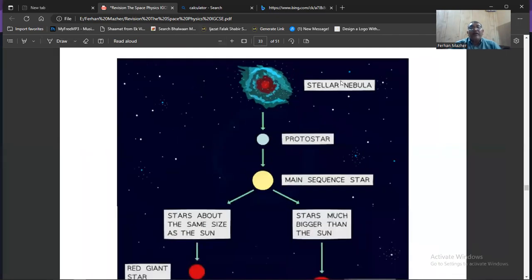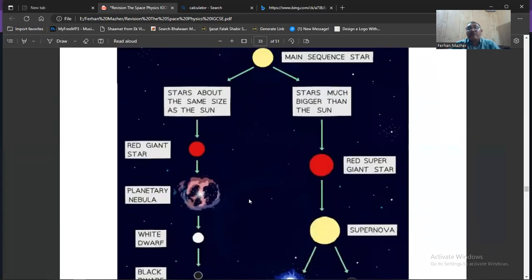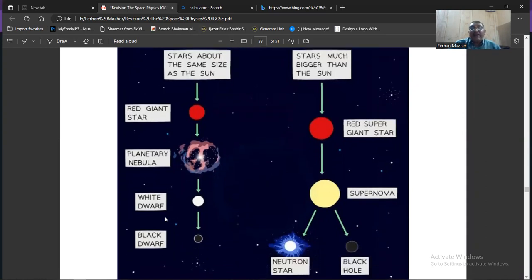So here we have the stellar nebula, then the protostar is formed, then the main sequence star, and after this, the life cycle depends upon the size of the star. A star about the same size as the sun will convert into a red giant star, then form a planetary nebula, then a white dwarf, and then a black dwarf.